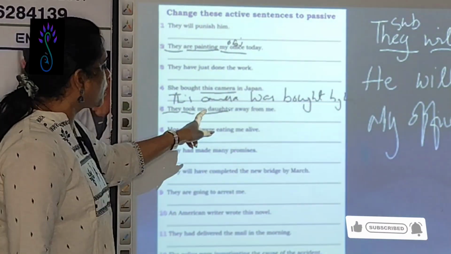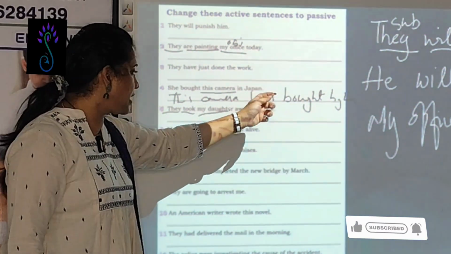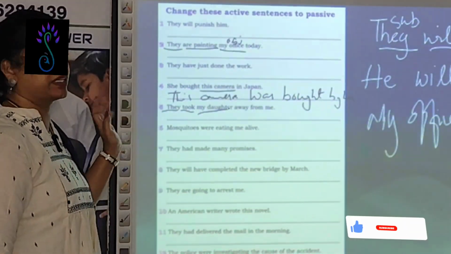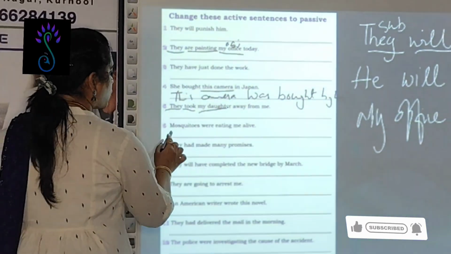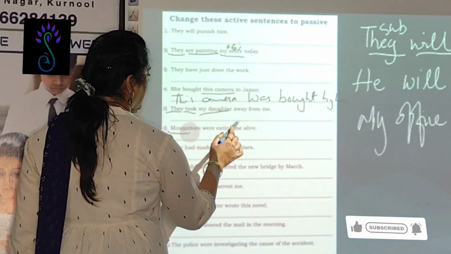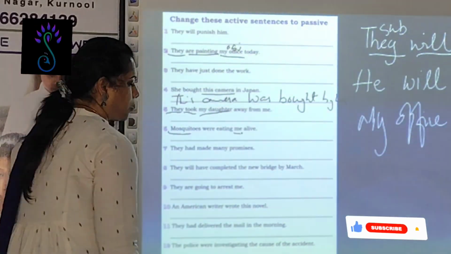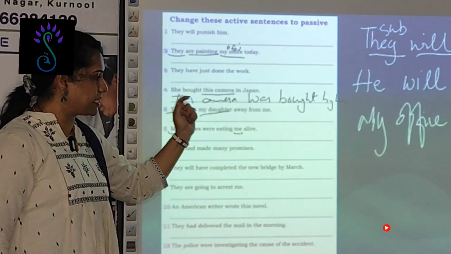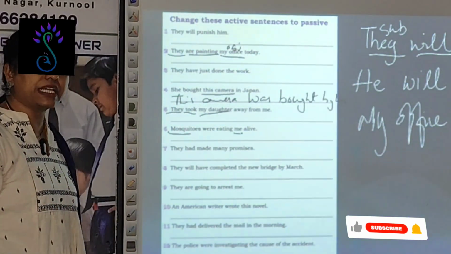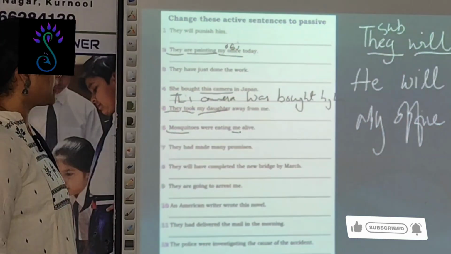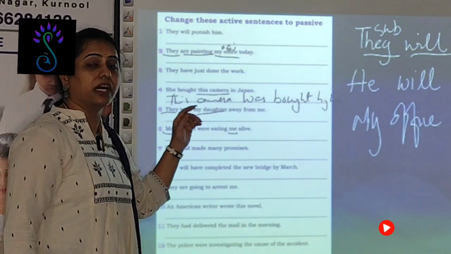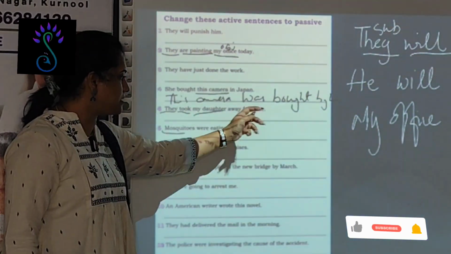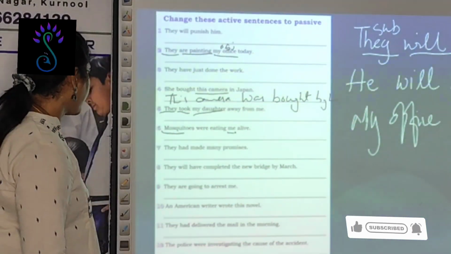This is how you should write. Mosquitoes were eating me alive. Me is object. Because it is past continuous, I was being eaten by mosquitoes alive.